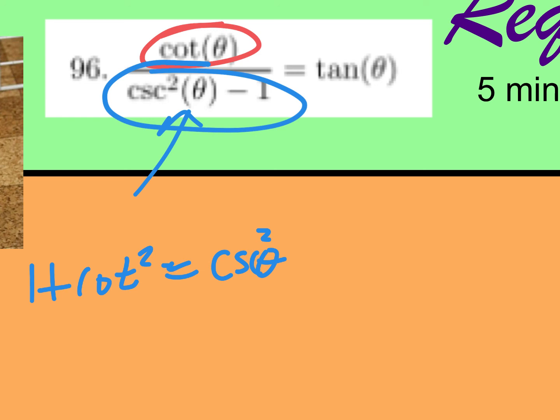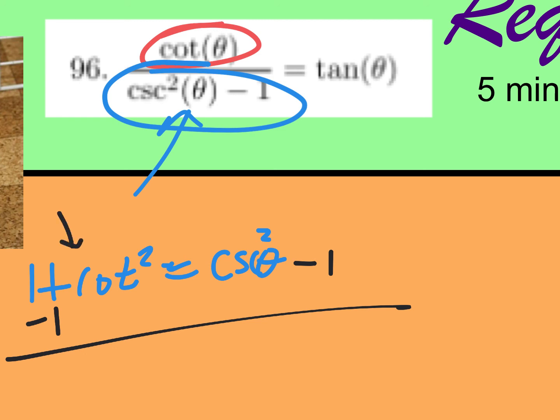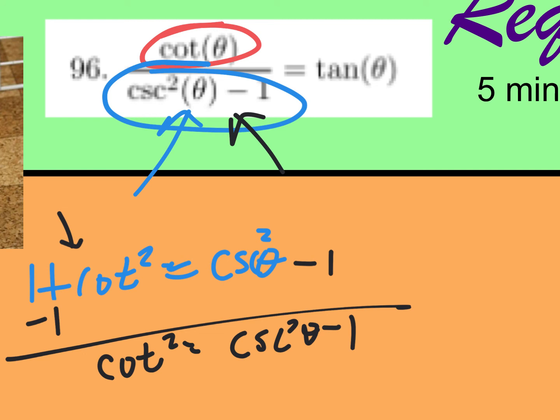So, I'm going to manipulate this to make it look exactly the same. I'm going to put a -1 here, and then I go, oh yeah, I guess I have to -1 on this side. So I've manipulated my saying of truth, this identity, and now it says cotangent squared is cosecant -1, so I can replace it with a cotangent squared.